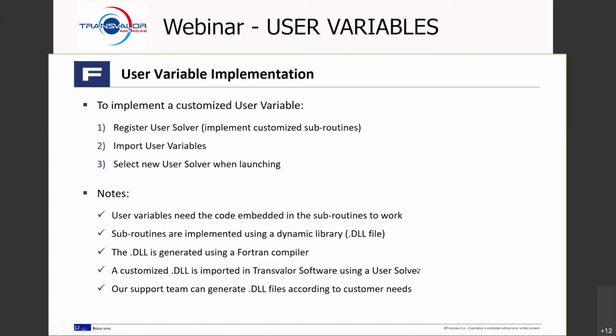I will show you now how to import the DLL and create your own user solver. And again, remember that our support team can help you generate this dynamic library according to your needs.